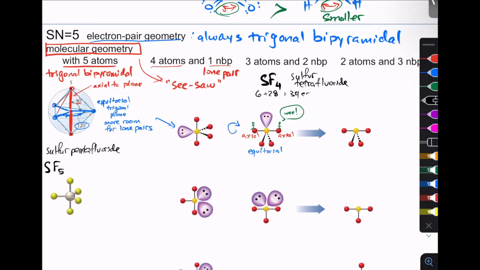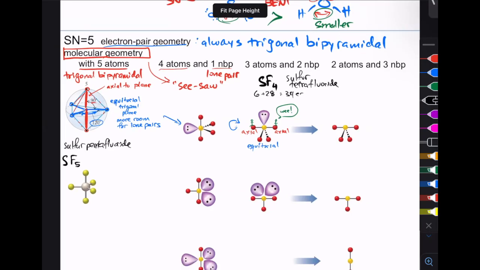We want sulfur in the middle, spokes on a wheel, connected by the 4 fluorines. That puts 2, 4, 6, 8 in the shared pairs, 10, 12, 14, 16, 18, 20, 22, 24, 26, 28, 30, 32. And we have 2 more to place.